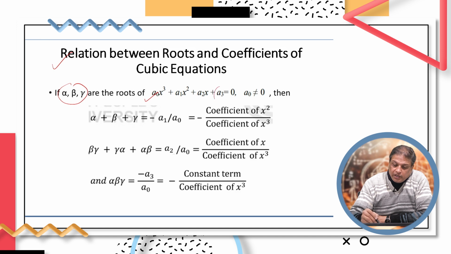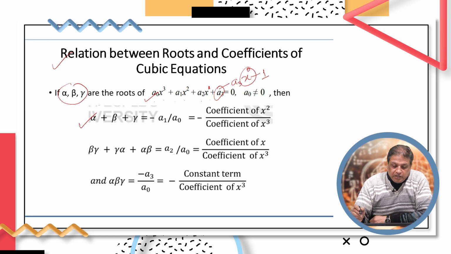You can always write a3 as a3 into x to the power 0, because anything raised to power 0 is 1. So, then you will be able to understand the flow of the powers in a polynomial: a naught x cube plus a1 x square plus a2 x to the power 1 plus a3 x to the power 0 is equal to 0. So, this is nothing but a cubic equation.